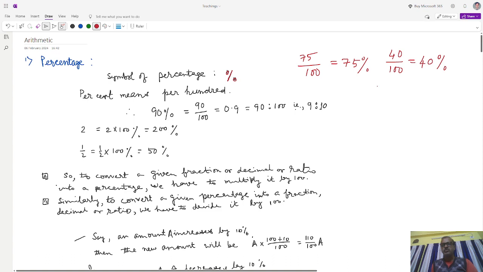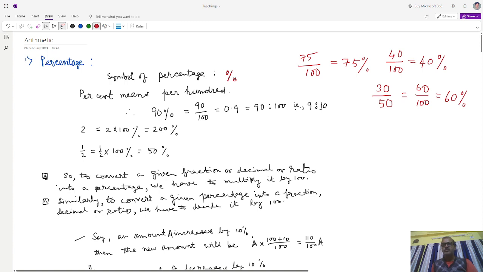If a student secured 30 marks out of 50, then what will be his percentage of marks? This is equal to 60 by 100. So the percentage is equal to 60%.